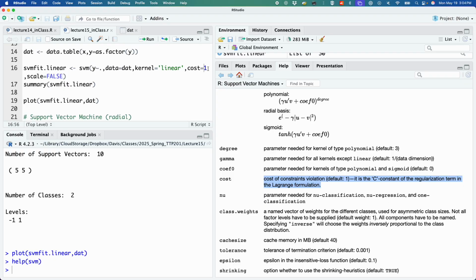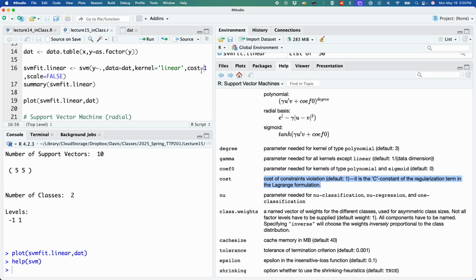So I guess what is happening here is the tuning parameter is telling us something about both the sort of budget for our epsilon, but it's also bounding the size of the penalty that you're allowed to have, right?